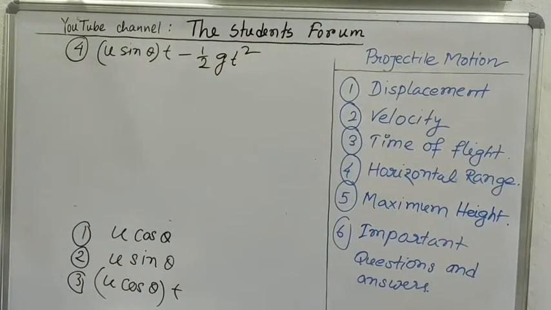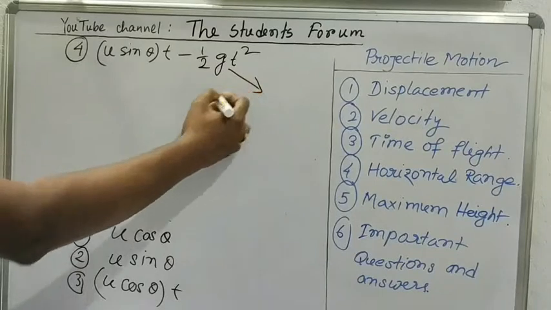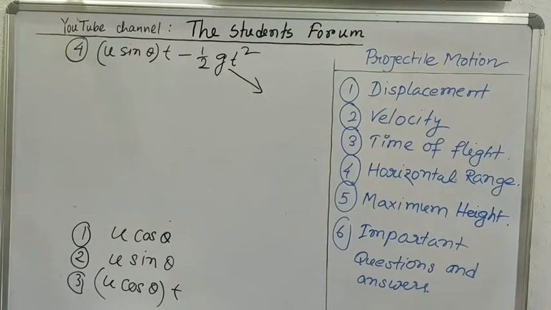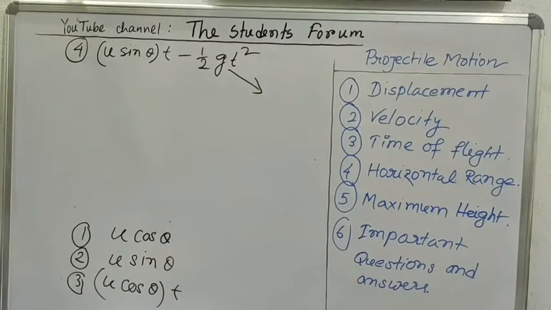The negative sign is because the gravitational force is acting opposite to the motion of the particle.